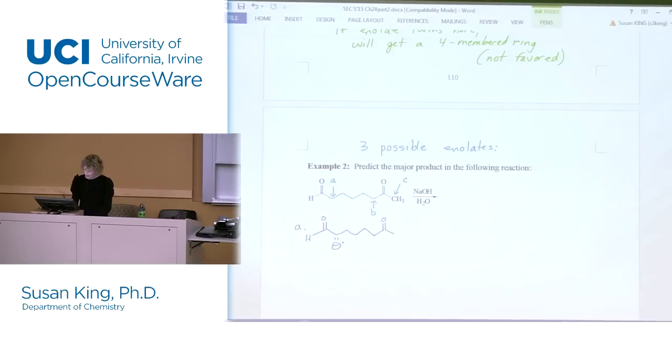All right, so if that cyclizes on this ketone after several steps, and you'll want to go home and prove this to yourself by going through the steps of the mechanism. All right, so that's if we use that one.